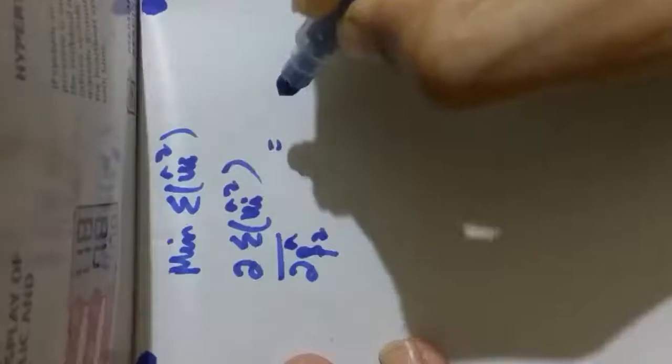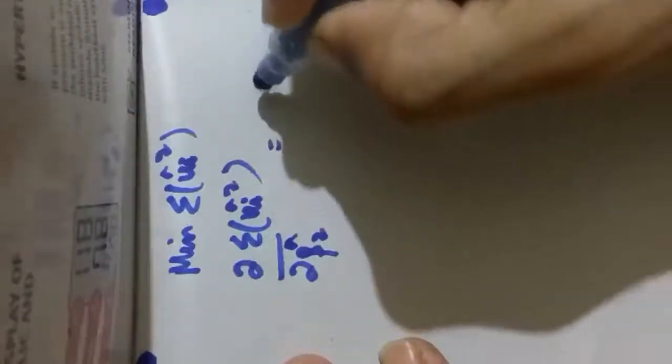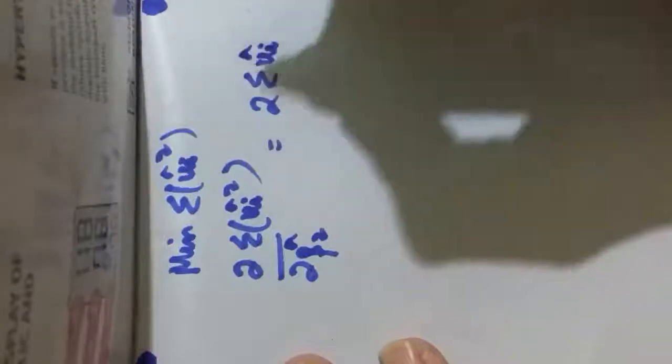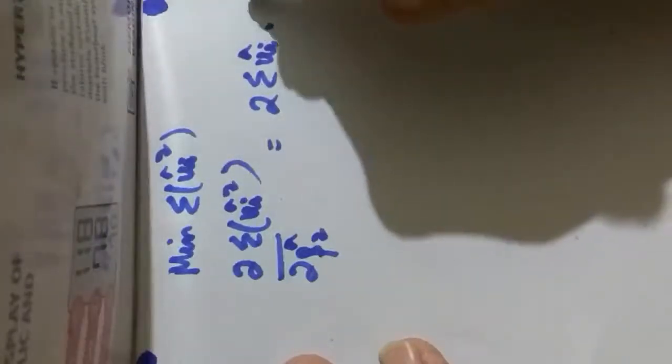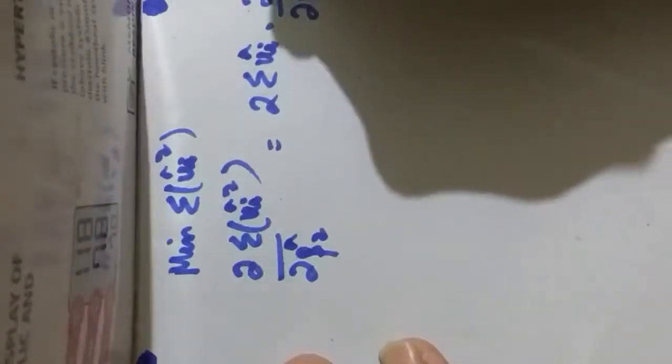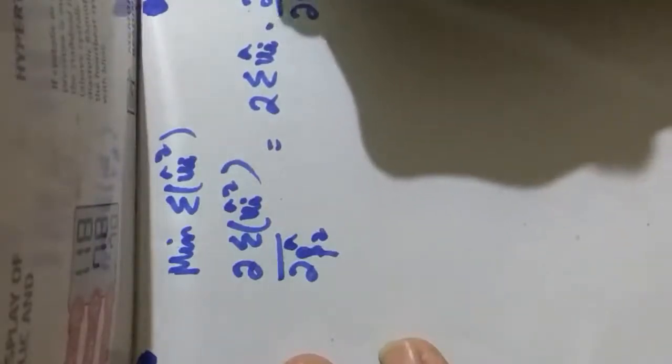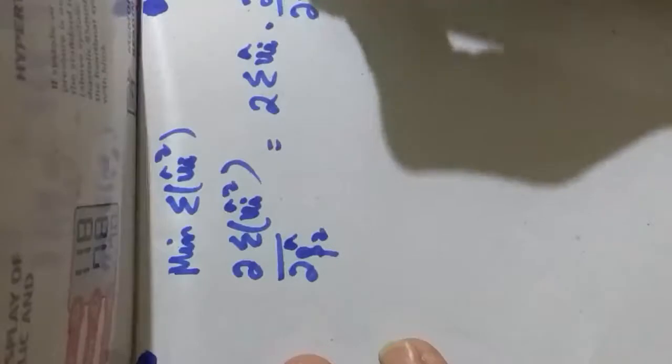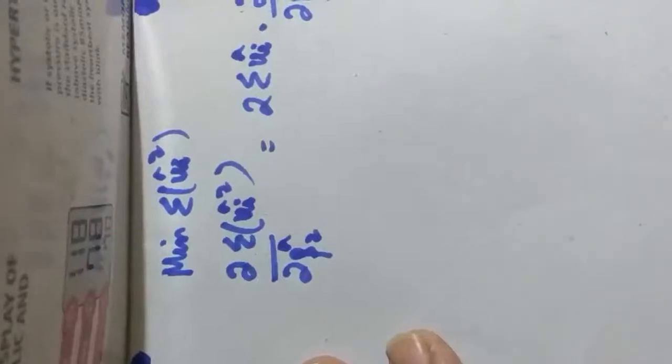So again, summation ui square, when you differentiate it, you will get 2 times summation ui hat into differentiation with respect to beta 2 hat of summation ui hat, right?